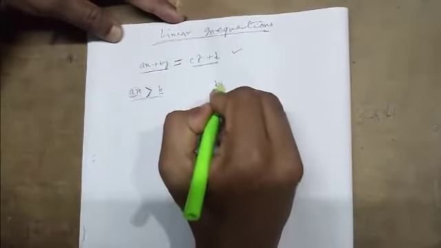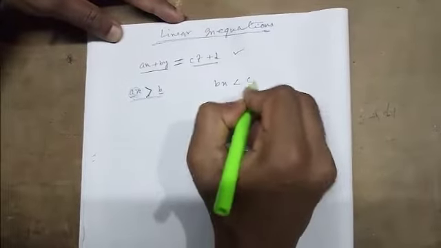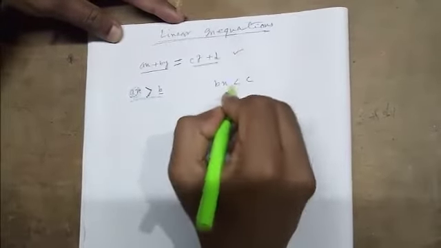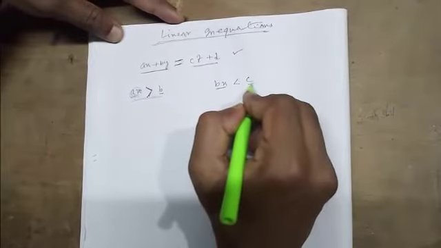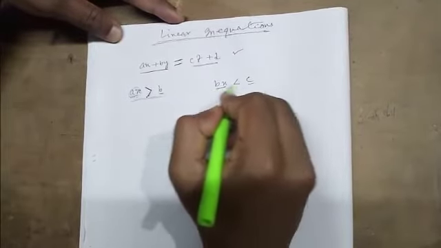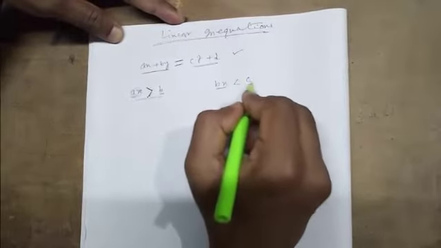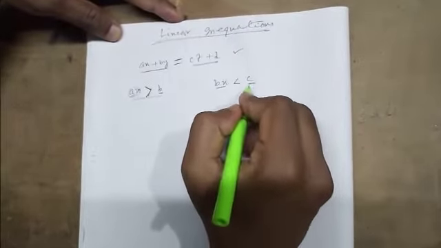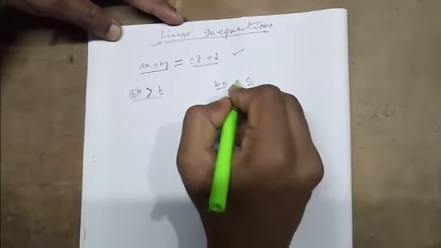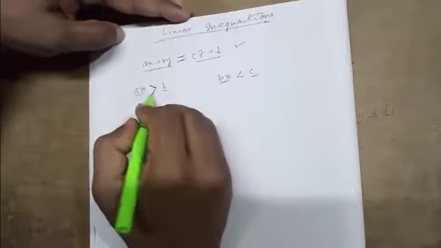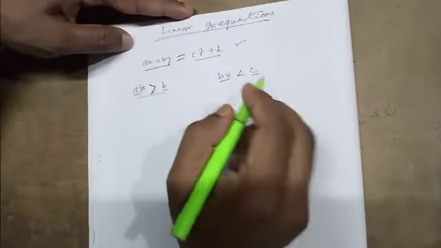Similarly, bx less than c. The left side quantity is not equal to the right side quantity. It is less than, that means this quantity is less than this quantity. So it is not an equation. It is called an inequation. This is the greater than sign. This is the less than sign.